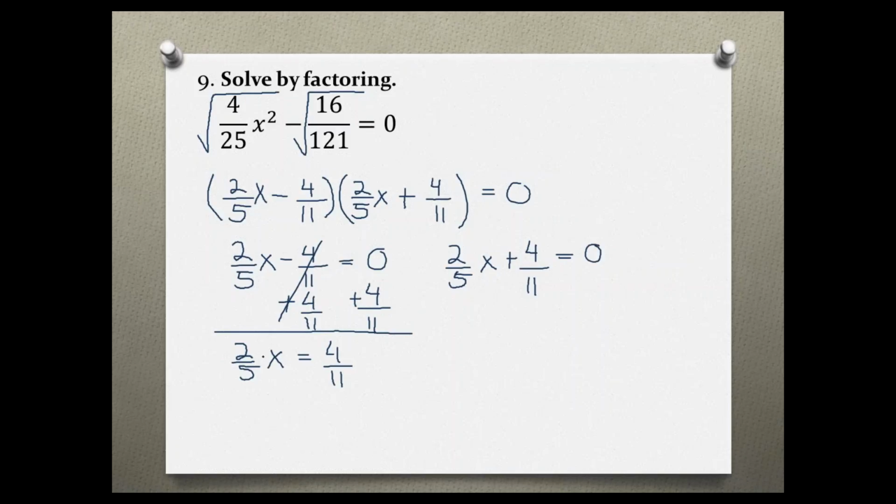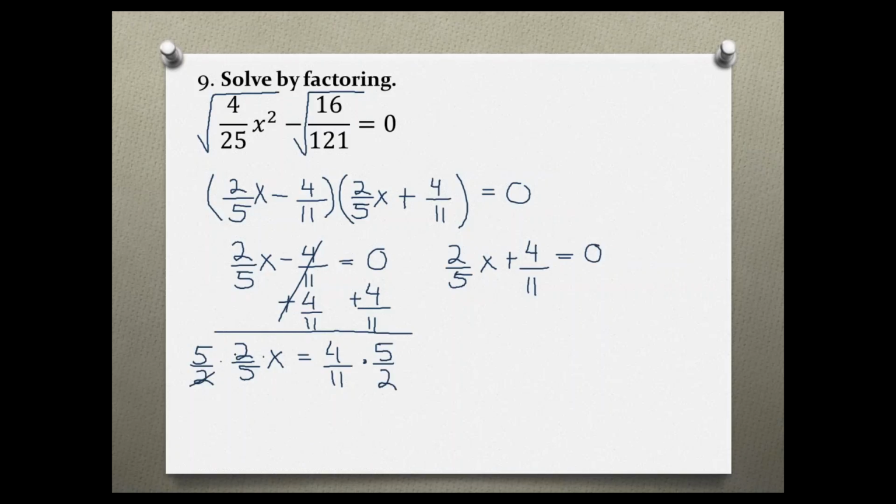Now this is a fraction multiplied by the variable, so I can use multiplying by the reciprocal to eliminate the fraction, basically turning it into a 1. And what I do to one side, I'm also going to do to the other side to keep the balance of this equation.